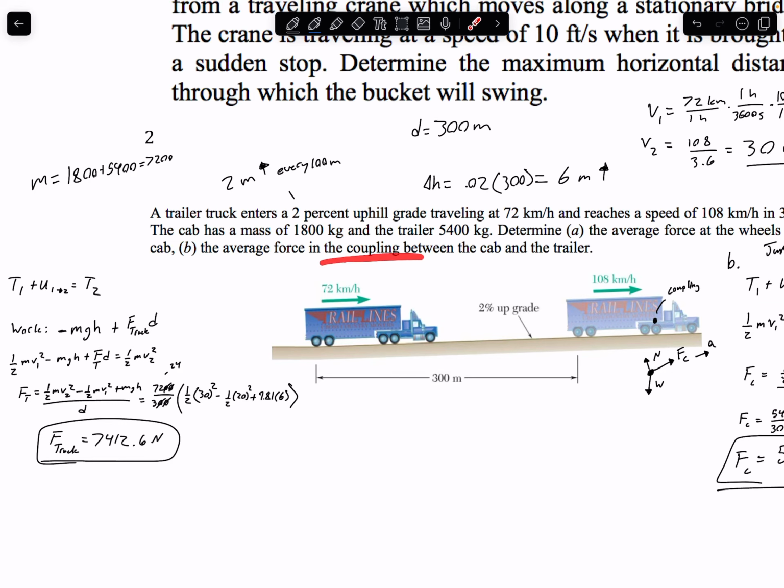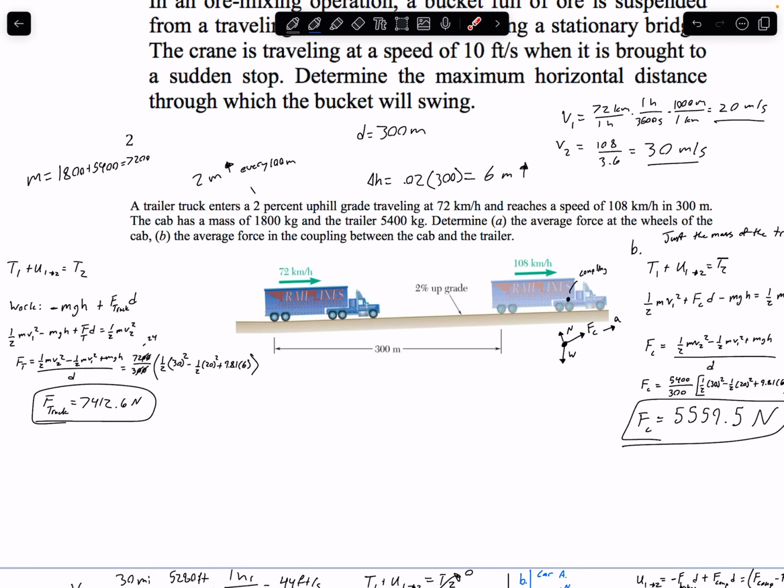So the coupling is just this area where the cab and the trailer meet. Here we know that the truck travels a total of 300 meters, with work being done.